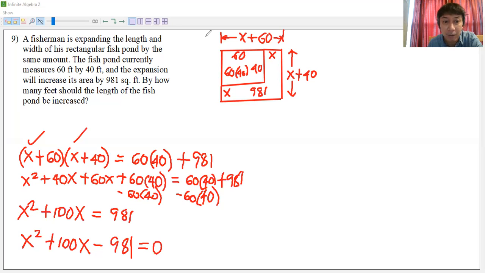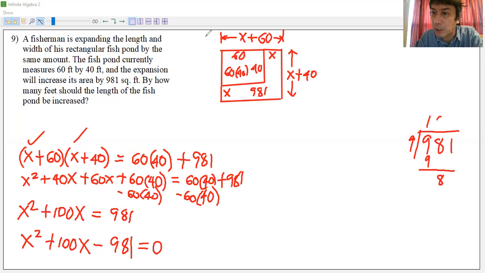By factoring. Looks like 981 is divisible by 9, okay? 981 looks like divisible by 9 because 81 and the 9, okay? If you divide this by 9, that's 1, and then it's a 0, bring down 8. 8 by 9 is 0. 0 times 9 is 0.